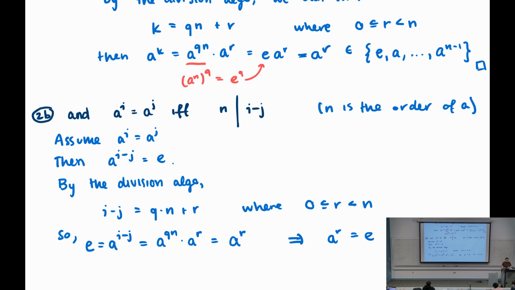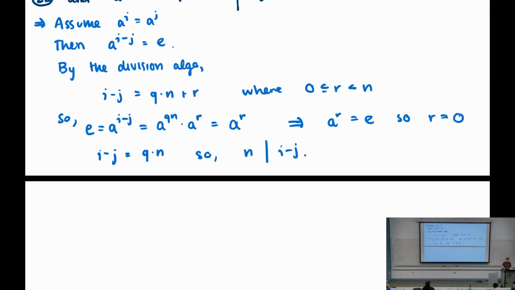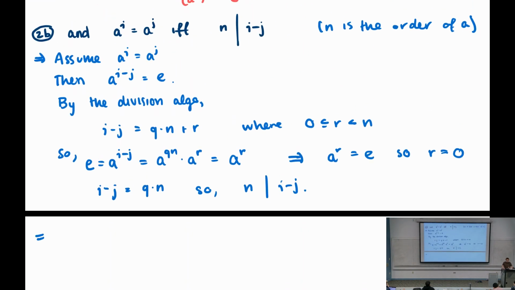Okay, so what does that mean? It means that i minus j is equal to q times n, so n divides i minus j. That was one direction, the forwards direction. We should also prove the reverse direction.